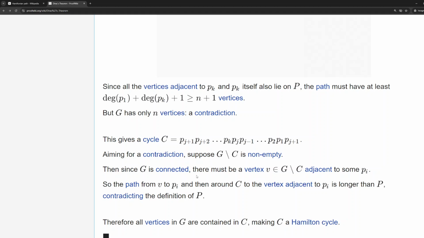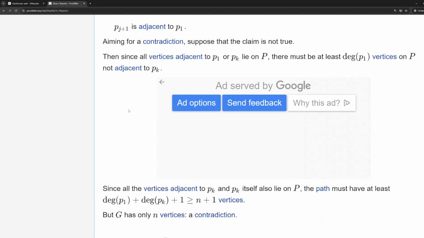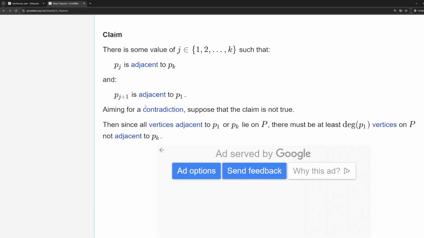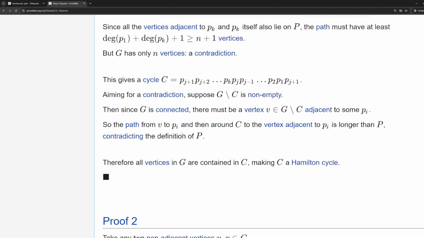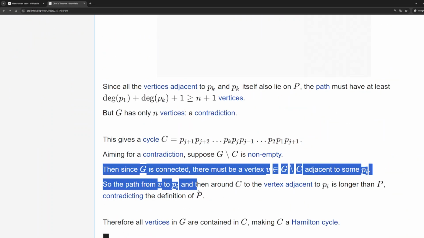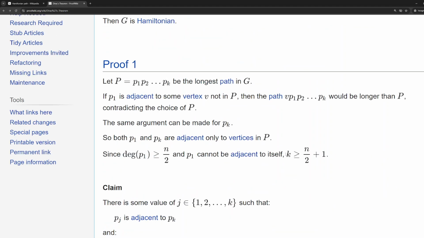And we can see that the text of this whole proof was adapted from the correct proof, because at the beginning they proved the lower bound on the length of the longest path, basically this inequality, that k is greater or equal than n over 2 plus 1. With the connectedness, this inequality is actually not used.